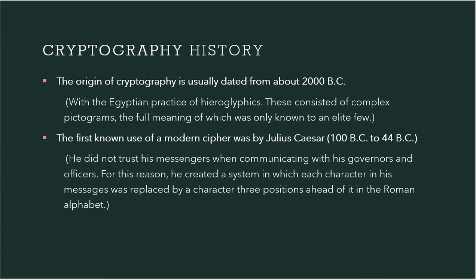He did not trust his messengers when communicating with his governors and officers. For this reason, he created a system in which each character in his messages was replaced by a character 3 positions ahead of it in the Roman alphabet.